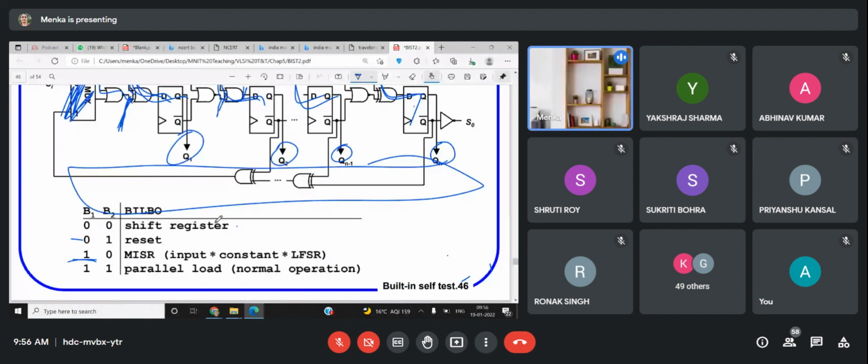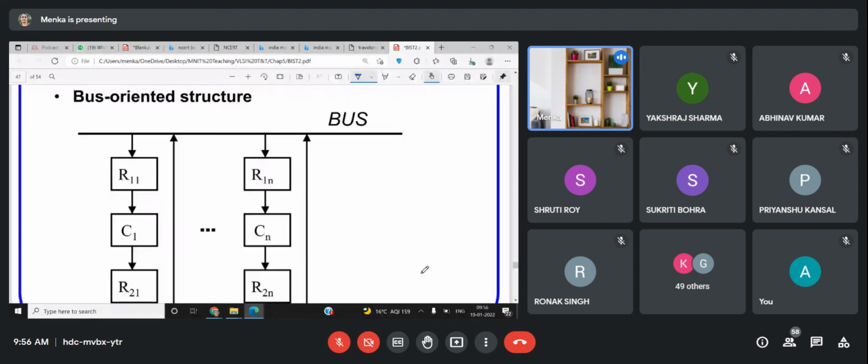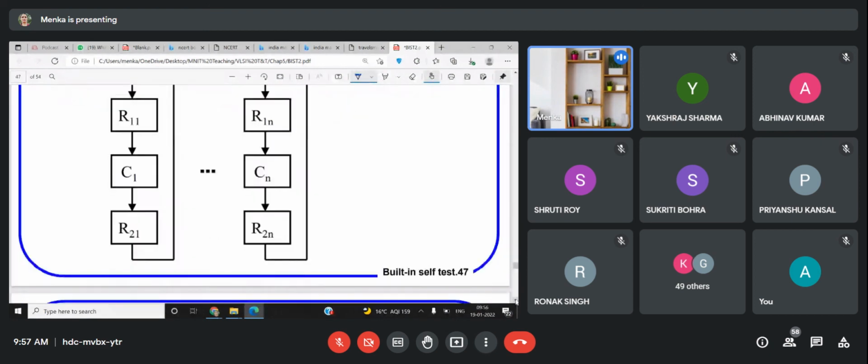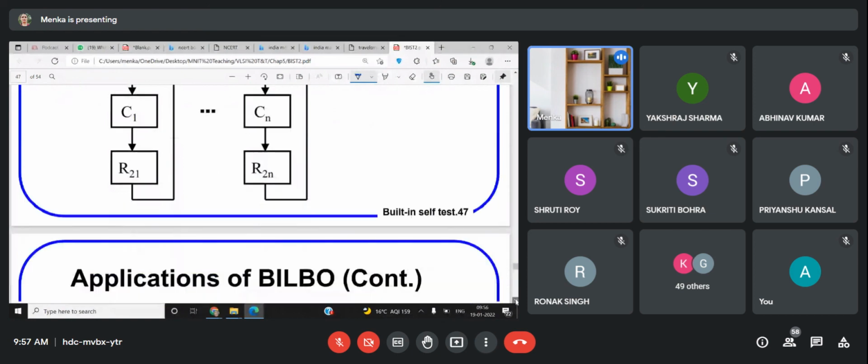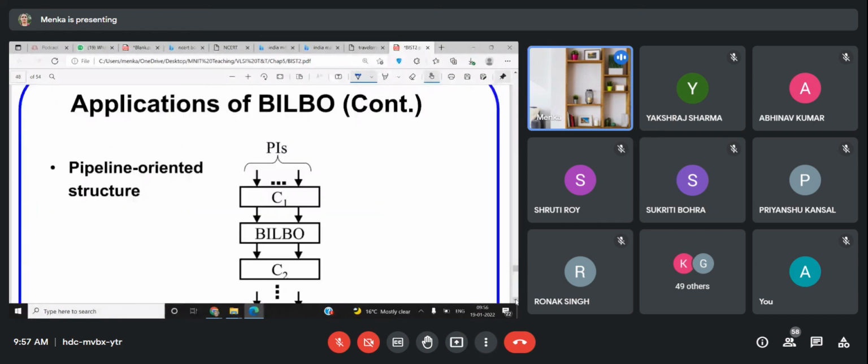Now, what are the different applications? So these are the different applications, like the bus oriented structure. You will be having a bus oriented kind of structure. It is given over here. It will look like this. Another application is the pipeline oriented structure. In the bus oriented one, you have different structures altogether.